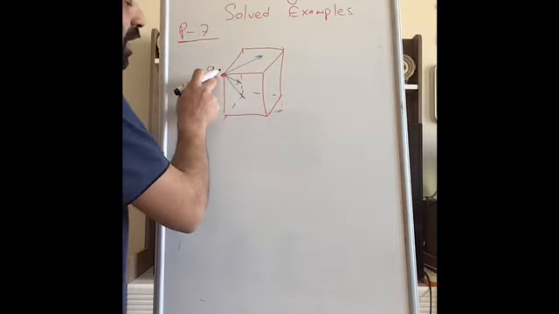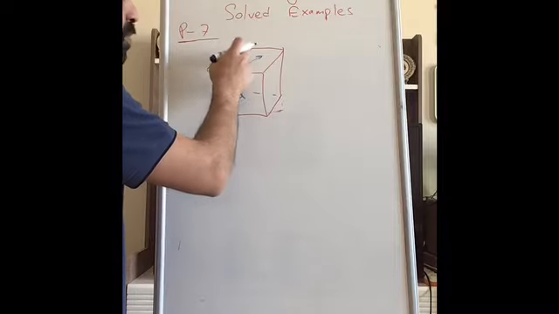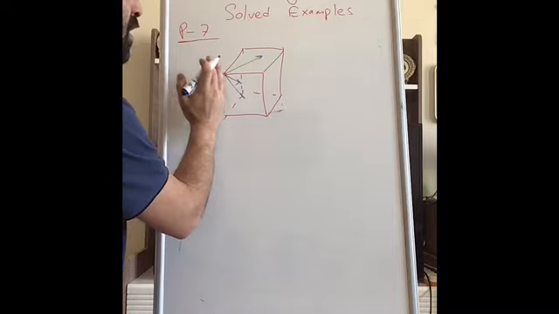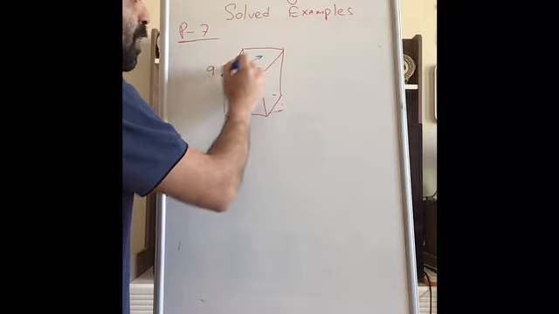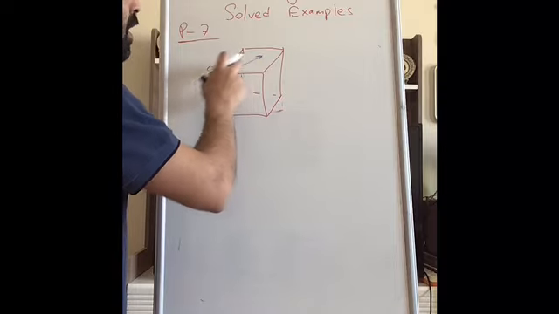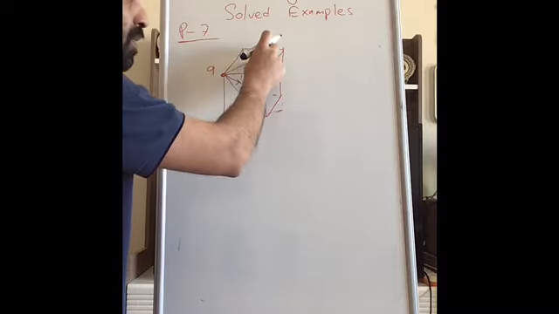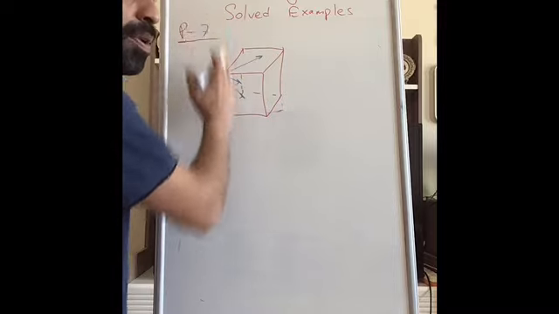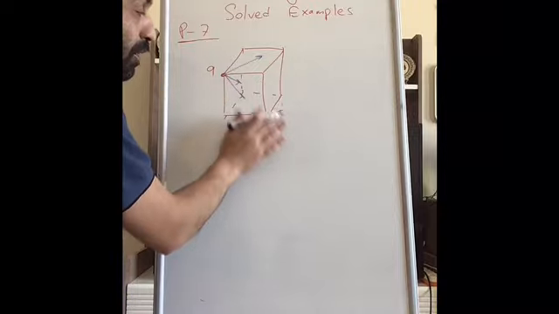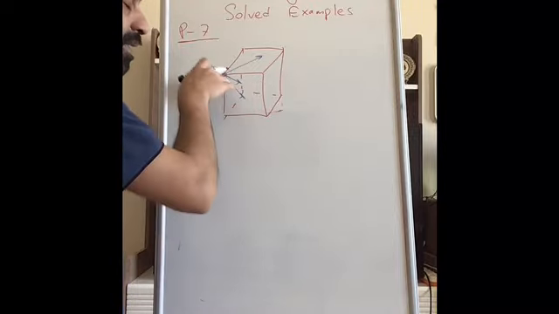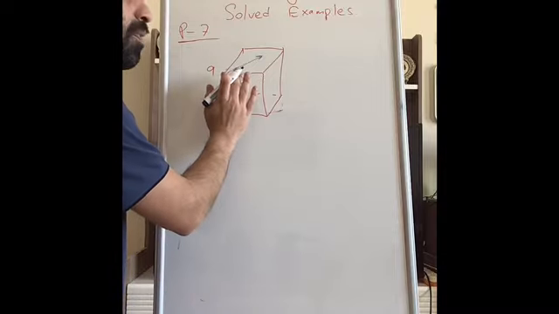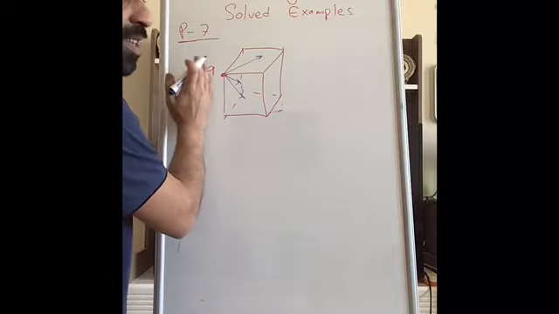Now this corner actually meets three sides: the bottom, the front, and also the left side. But the electric field lines will be parallel to these 3 surfaces. Electric field lines will be parallel to the top surface. There will be no perpendicular component of the electric field. Also, it will be parallel to the front face, and similar to the left face.